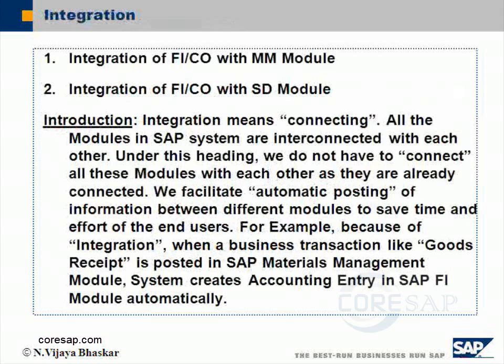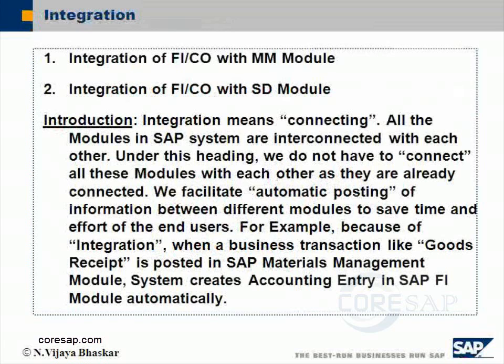Once we integrate FI with MM, we can get automatic postings in the FI module for business transactions posted in the MM module, right, guys? So business transactions like a goods receipt, or issue of material to production, or transfer of material from one plant to another plant, right? In all these cases, remember, the user sitting in the purchases department will be creating basic transactions.